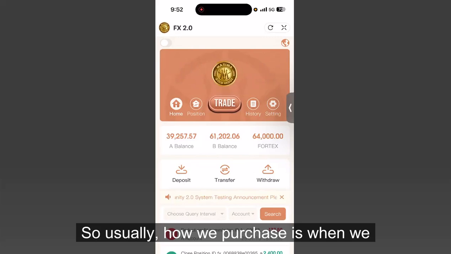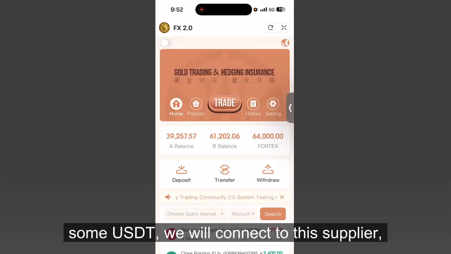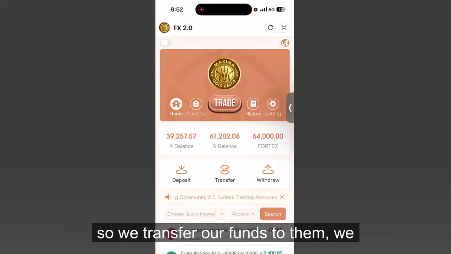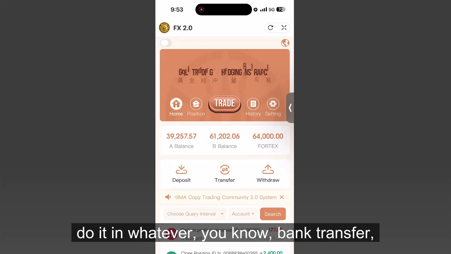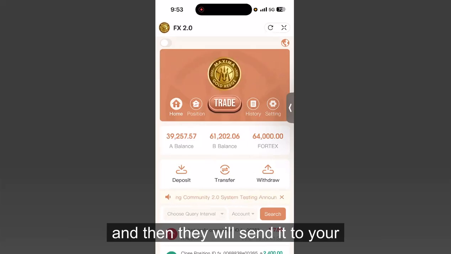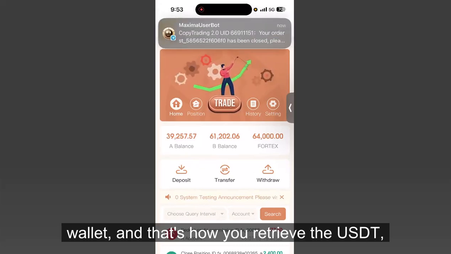Usually how we purchase is, when we want to buy some USDT, we connect to a supplier and transfer our funds to them. We can do it in cash or bank transfer, and then they send it to your wallet, and that's how you retrieve the USDT.